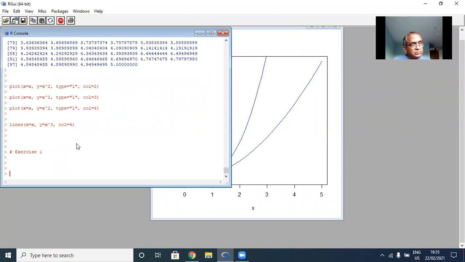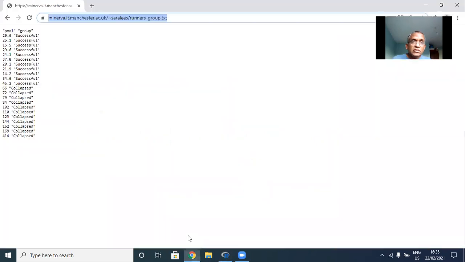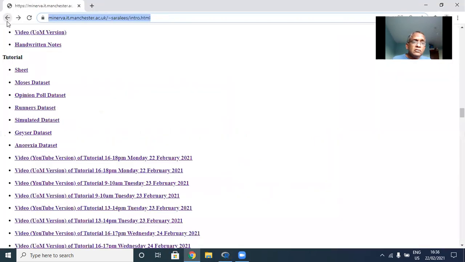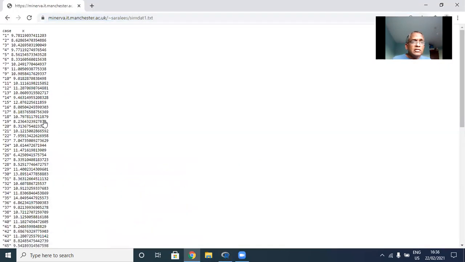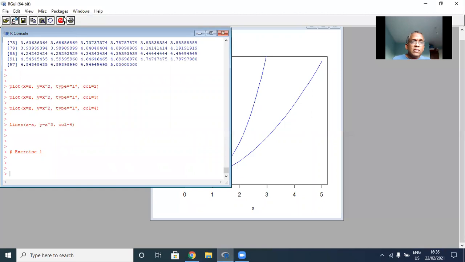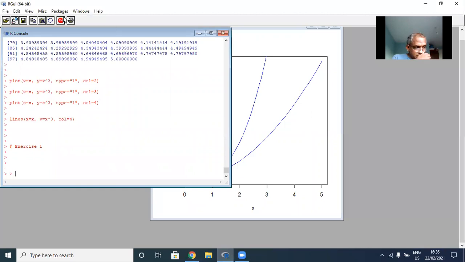So you go to the course website, which is this one, right? And go to the simulated data set, right? So copy this data set, copy, and go back to R, paste, right?